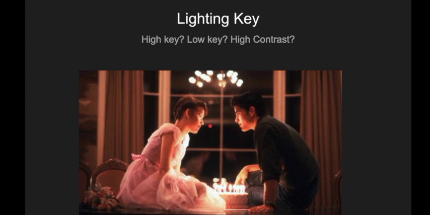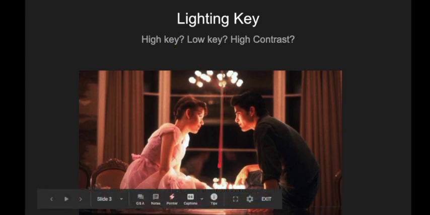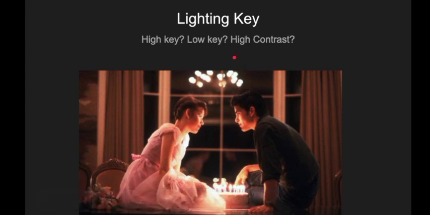Next is lighting key. Now, lighting key is essential. It gives the viewer a subtle sensation of emotion. In this image, I would say the lighting is moderately high key, because when we look towards the centerpiece of the image, it is very light and bright, and it has a high contrast, because you can deliberately see the focuses of the subjects.